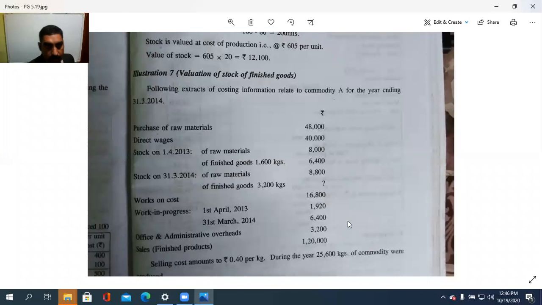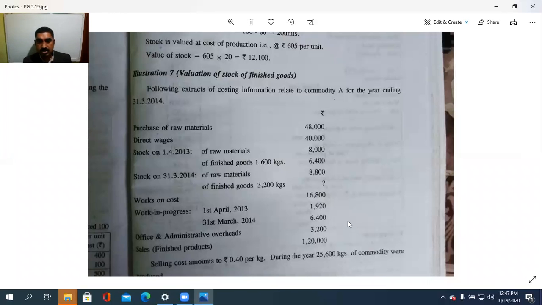Then, the following extracts of costing information relate to commodity A for the year ending 31/3/2014. Purchases, direct wages. Stock on 1/4: raw material 8,000, finished goods 1,600 kilograms 6,400. Stock on 31/3/2014: raw materials 8,800, and closing stock of finished goods we need to calculate.